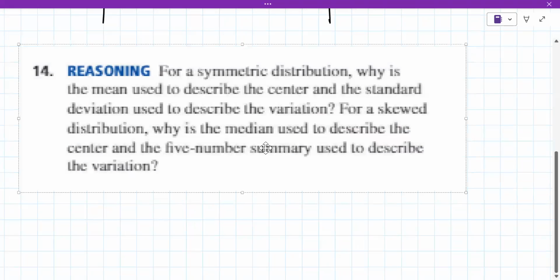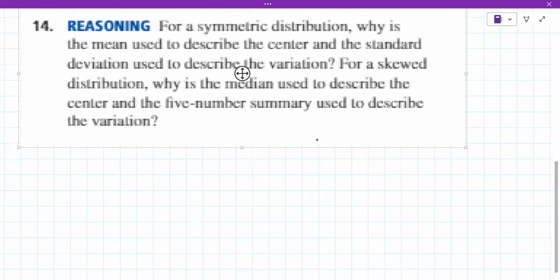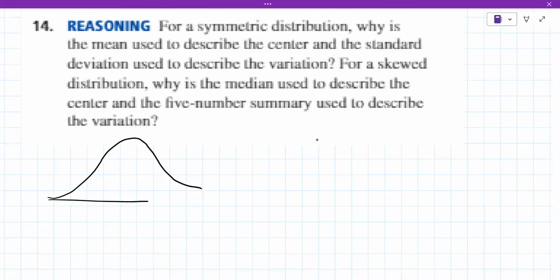For a symmetric distribution, why is the mean used to describe the center and the standard deviation used to describe the variation? For a skewed distribution, why is the median used to describe the center and the 5-number summary used to describe the variation? So we're going to draw these here. This is a symmetric distribution. It uses the mean and the standard deviation.